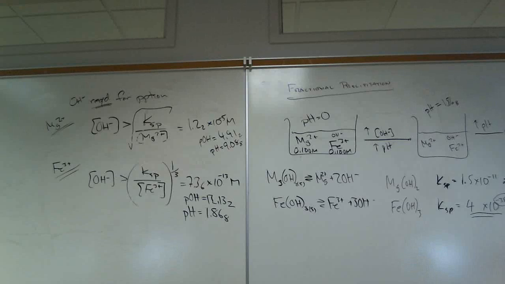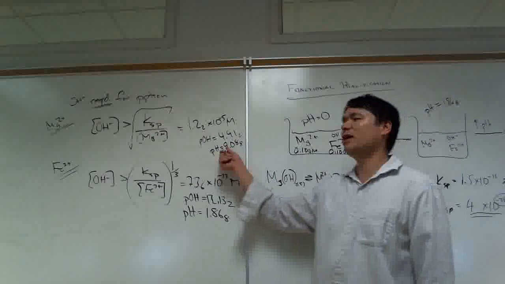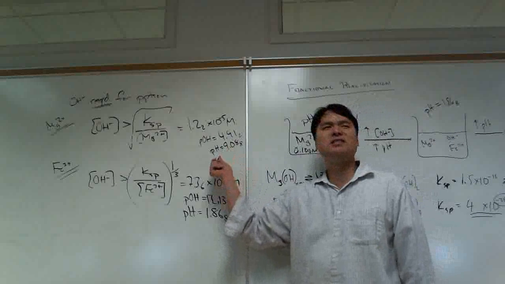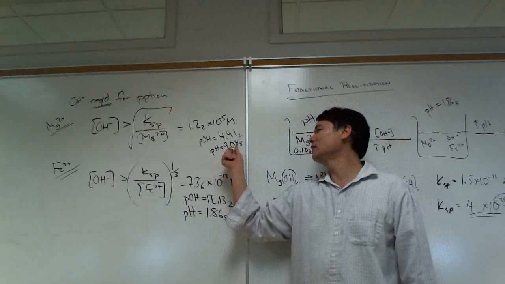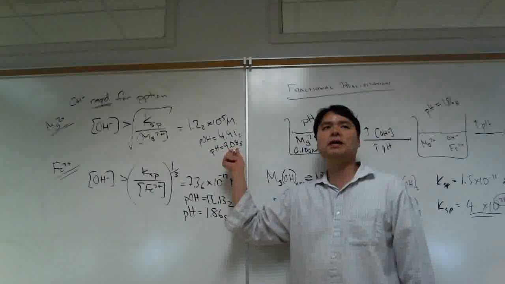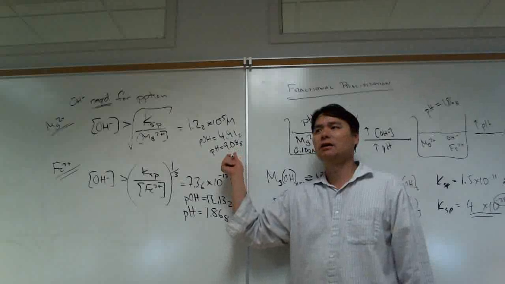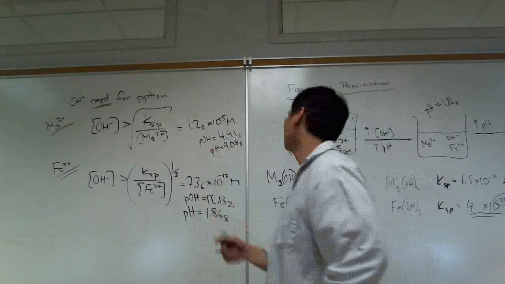Solid begins precipitating. How about the magnesium? Is the magnesium going to precipitate out in acid? No. For magnesium you require a lot of hydroxide to precipitate it out because it's not nearly as insoluble. In fact, we need a fairly high pH, a pH of 9.08, to start precipitating out the magnesium.